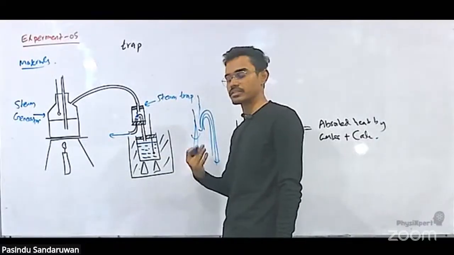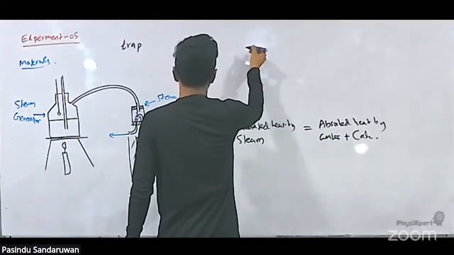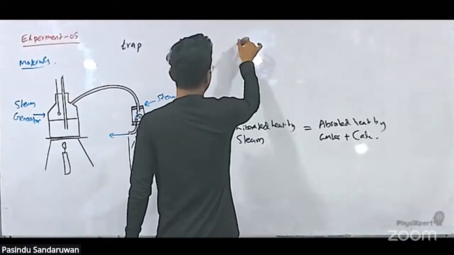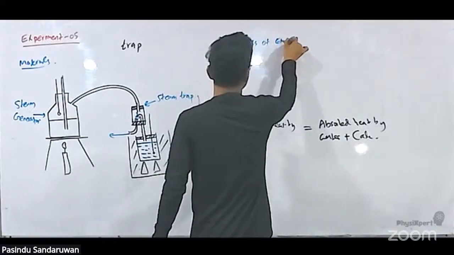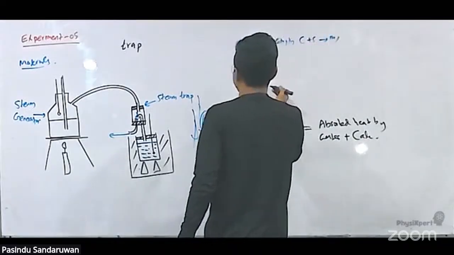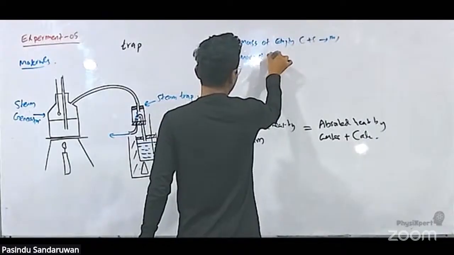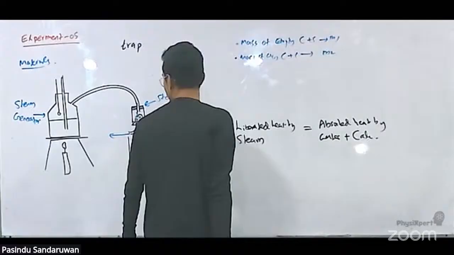In the first one there are differences but there are more similarities. First, we need the mass of the empty calorimeter with stirrer, M1. Then the mass of water, calorimeter and stirrer, say M2.